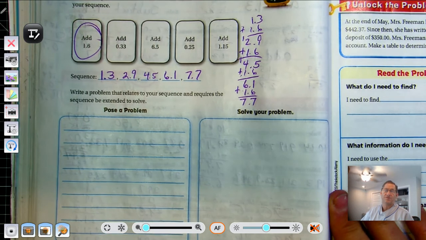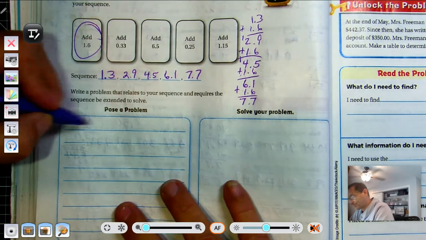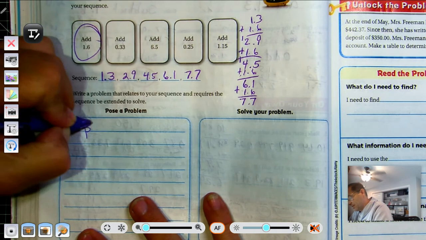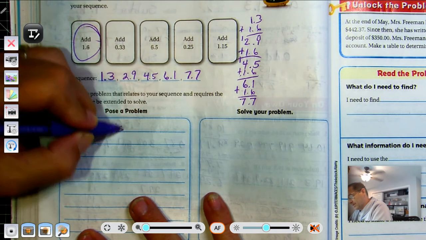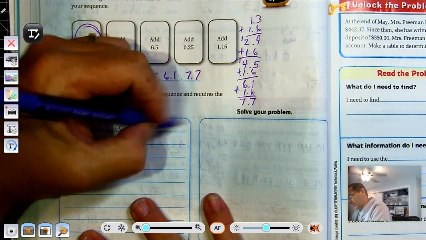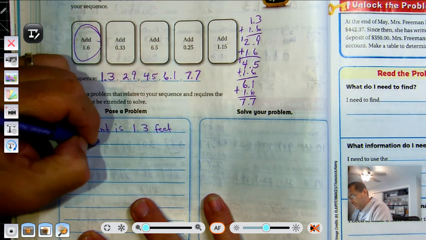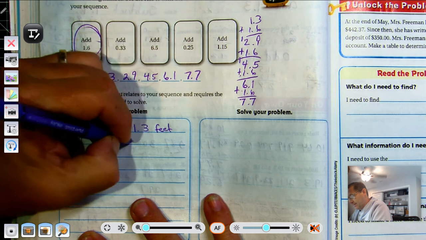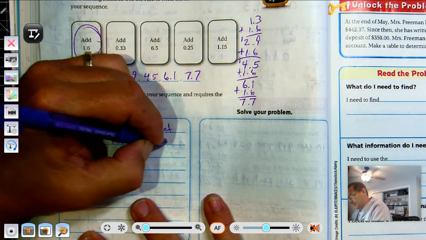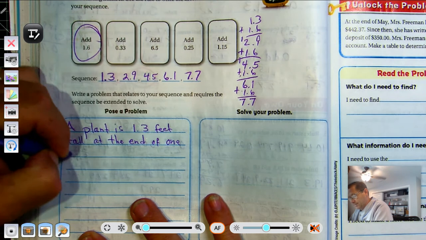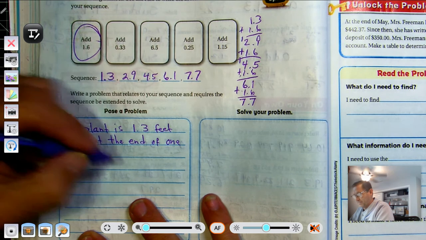Okay. All right, write a problem that relates to your sequence. All right, well, I don't know. Let's see. A plant is 1 and 3 tenths feet tall at the end of 1 month.